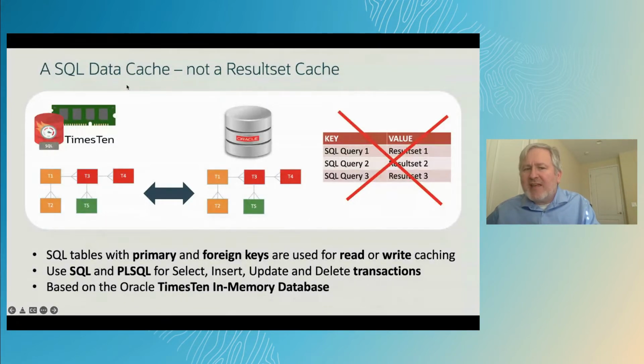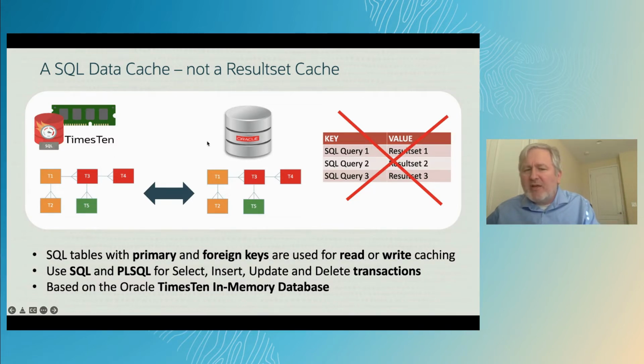So a SQL data cache is not a result set cache. A SQL data cache is an in-memory database, a SQL relational database. And that database will use the same tables, the same data model, the same columns, the same data types, and the same data as your system of record.